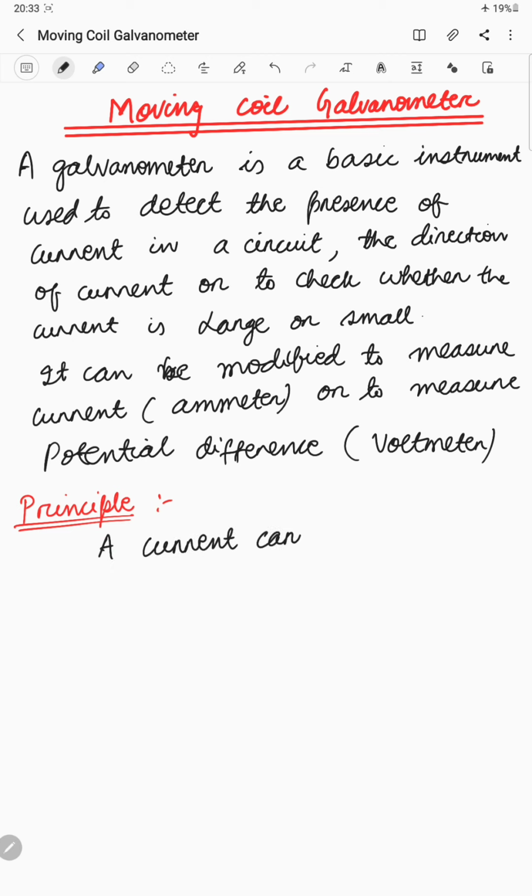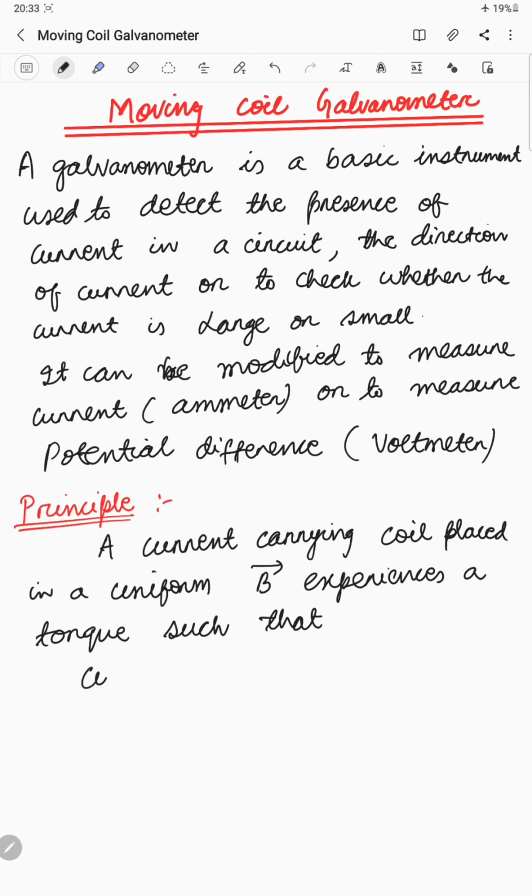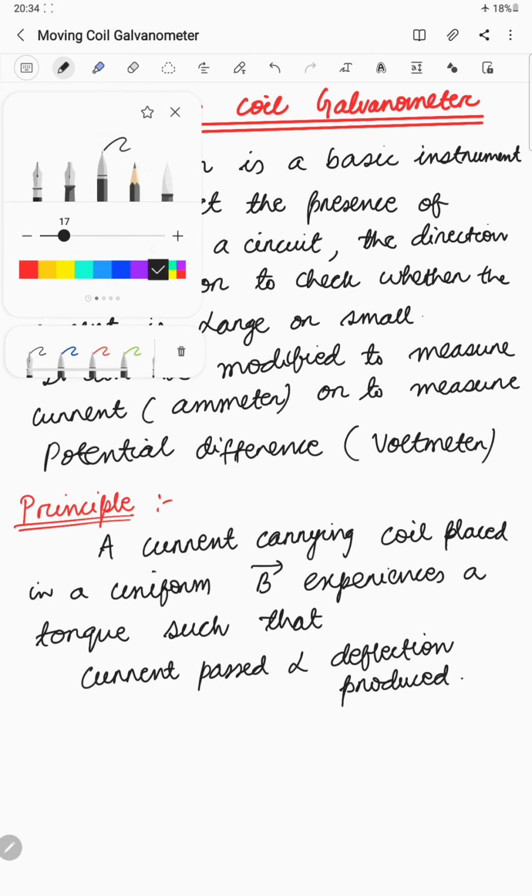That we have read in lecture number 42. If you have not seen that, please go and see that. It will be helpful. Experiences a torque such that current passed is directly proportional to the deflection produced. So this is the basic principle of the moving coil galvanometer.